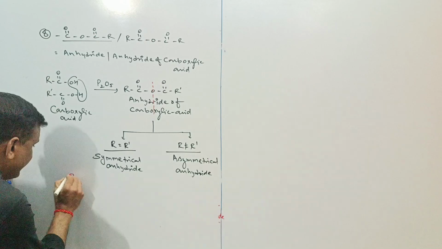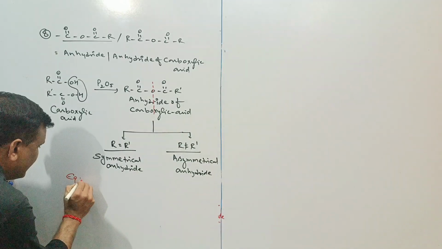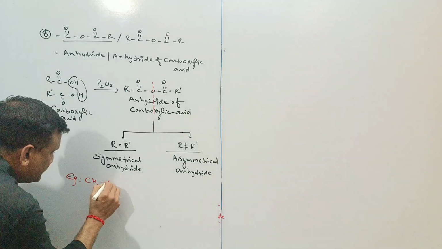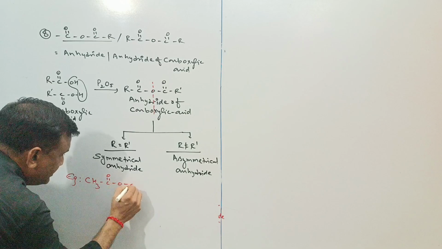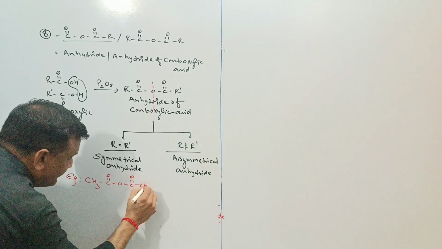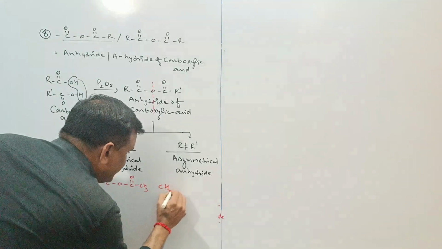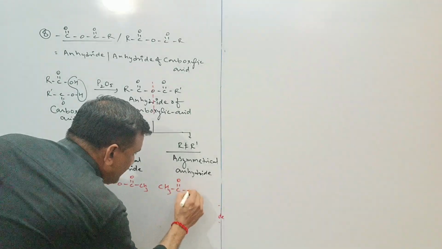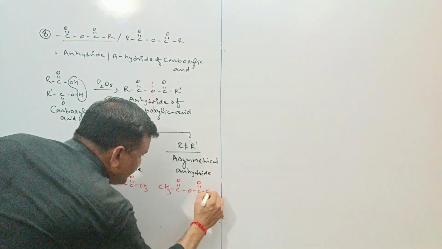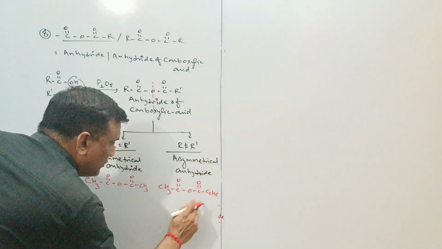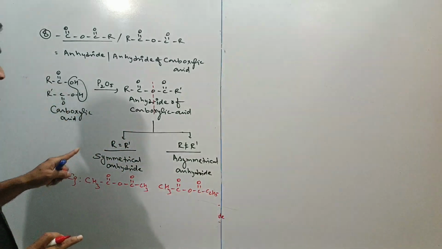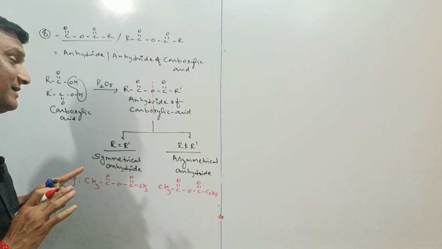For the symmetrical, we can take CH3CO-O-OC-CH3, both are the same. For the different, we can take CH3CO-O-OC-C2H5, both are different. So this was about the types of anhydride.